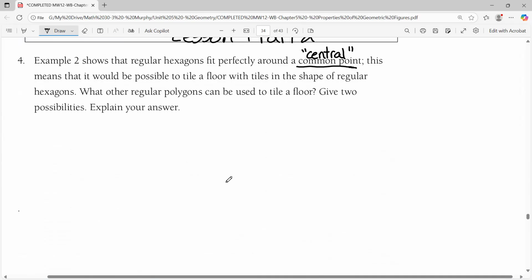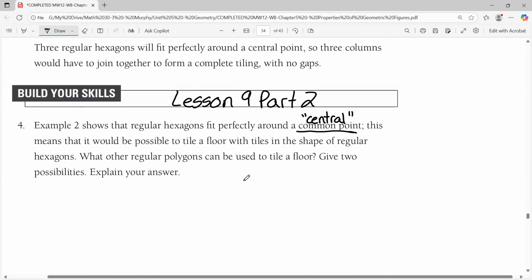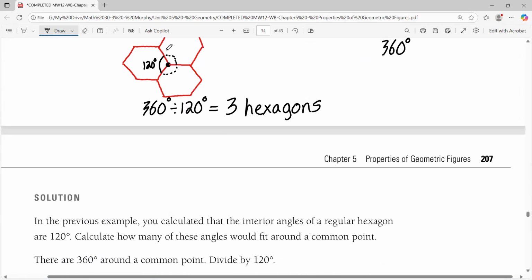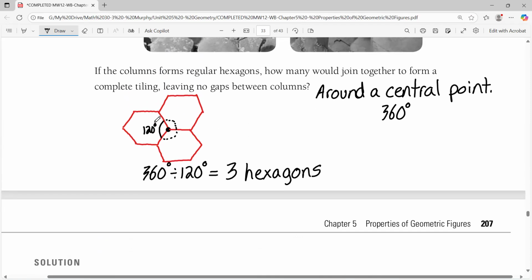Well, the reason we were able to use a hexagon in our example was because we ended up with 3 full hexagons. So had we taken 360 and divided by an angle and got a decimal, then you can't do it.